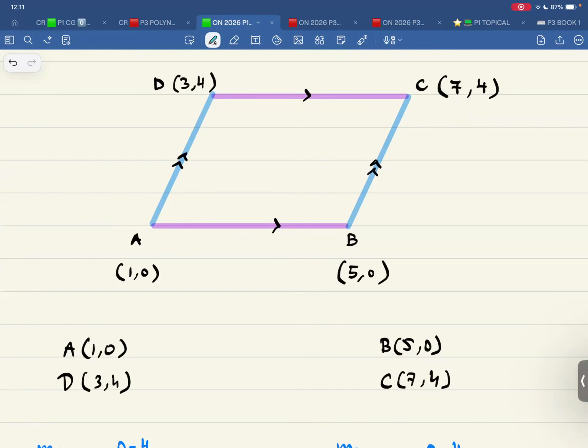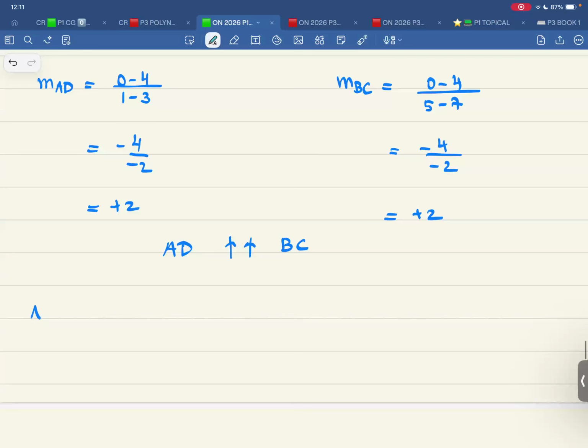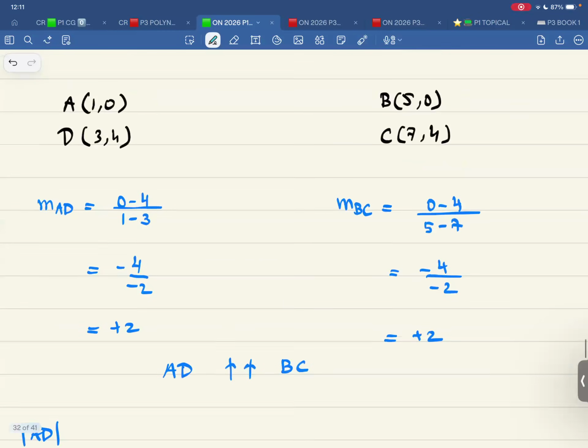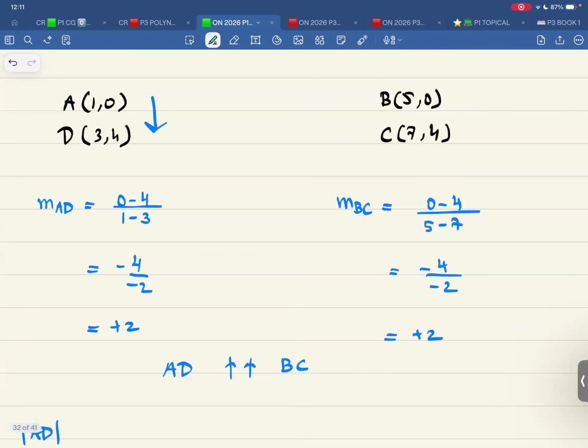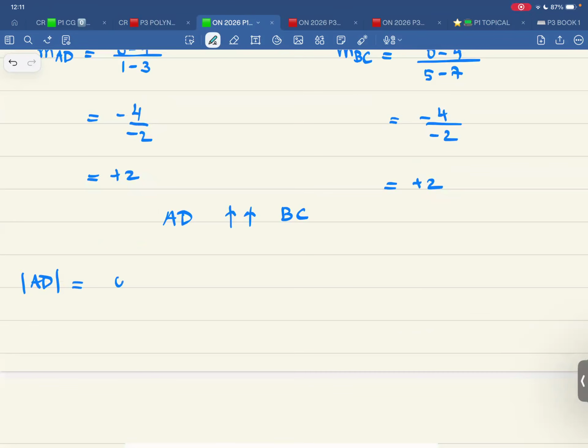Let's calculate the magnitude of AD. So magnitude of AD, that would be going like this: square root of (0 minus 4) whole square plus (1 minus 3) whole square. So this is 16, this is 4, that is square root of 20 units.